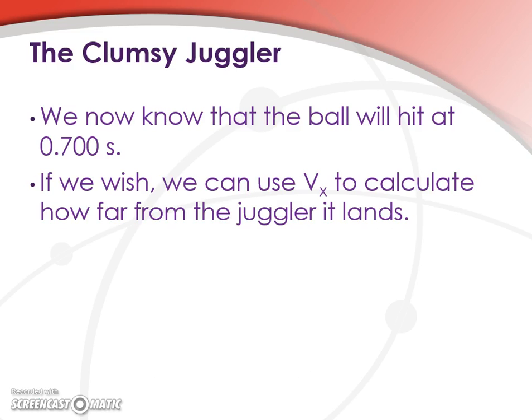Okay, so now we know that the ball is going to hit at time 0.700 seconds. If we wanted to, and we had v1x, which is vx, we could calculate how far from the juggler's hand the ball would land in the x direction.